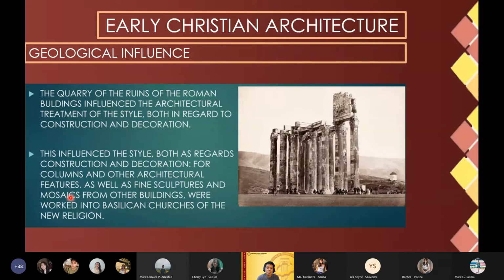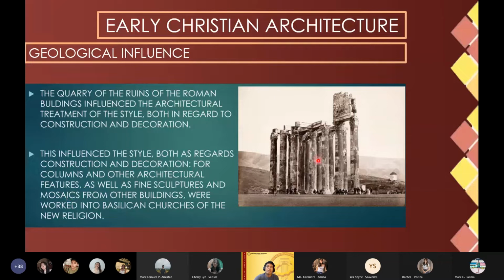What they did is they use some of them, they use the same building, or some of them used the material, like for example, kanang mga rocks, or kanang mga big stones na gigamit sa old Roman buildings, ilang gipang kuha, and then they use that, parang recycle nila ba, they use that to create the buildings under early Christian architecture. So that's the geological influence.